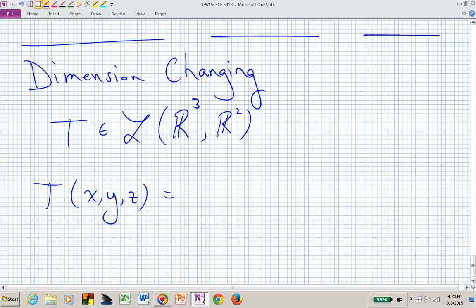What we want to do now is end up in a plane. Just for illustration purposes, suppose that the first coordinate in this plane is given from those three coordinates in R3 as 2x minus y plus 3z. And the second coordinate is then 7x plus 5y minus 6z.